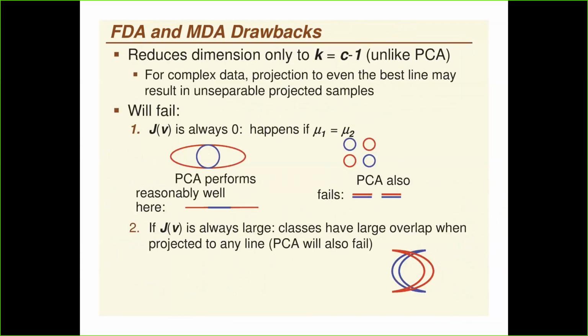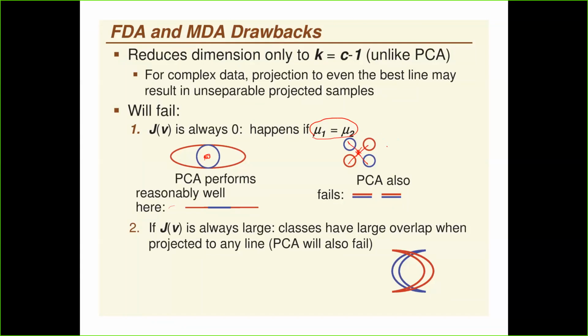Now, when does FDA or MDA, linear discriminant analysis, fail? In the case where the means are the same, when mu1 equals mu2, you always get a zero mean difference, but the classes are not separated. Here PCA performs reasonably well. In this other case, which is also the case of mu1 equal to mu2, both the means are the same.